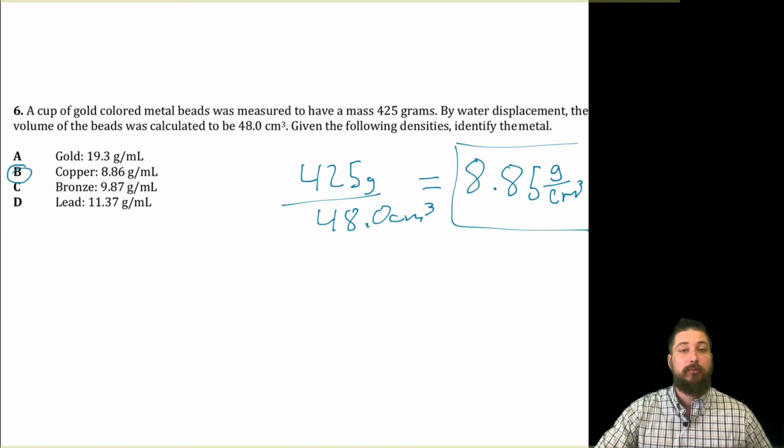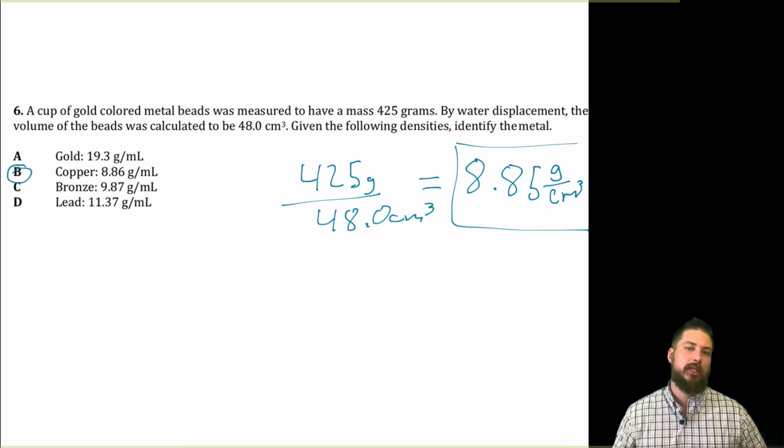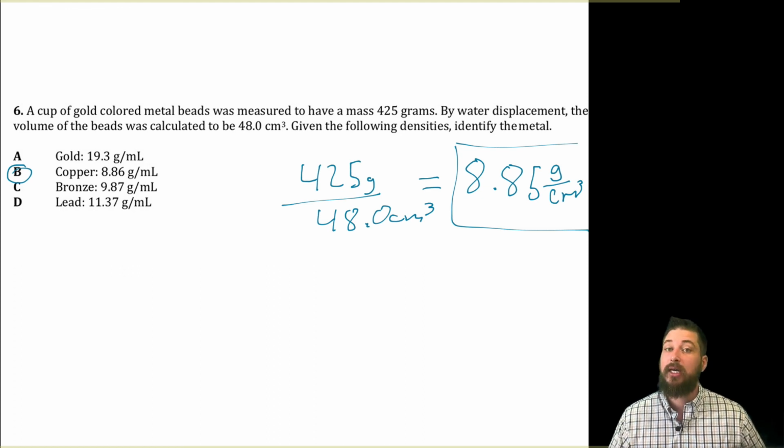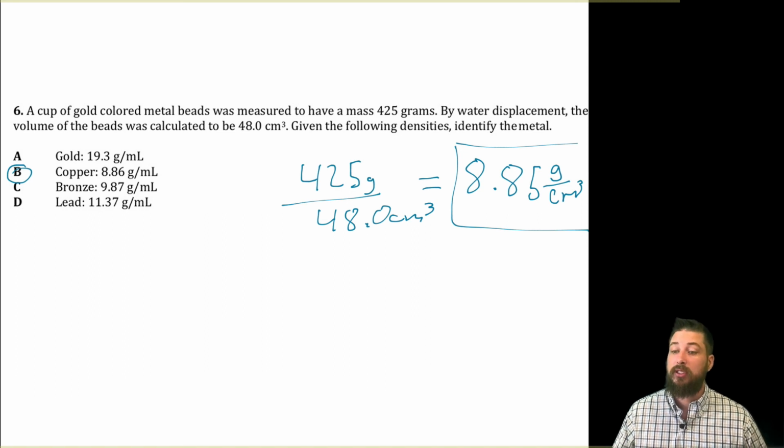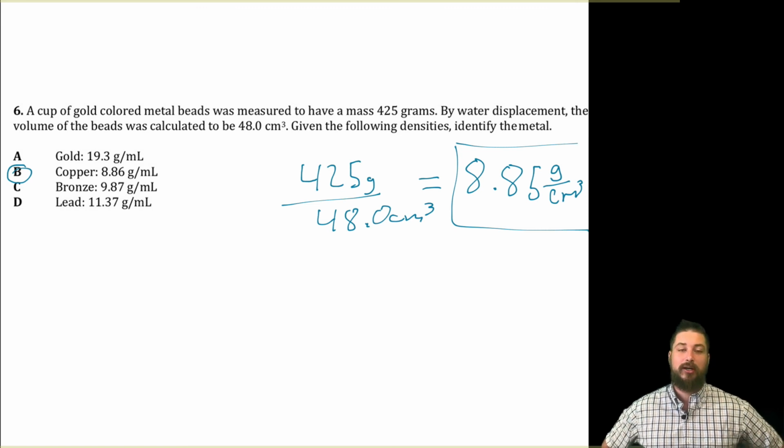But if we had a pure piece of copper, maybe there were some impurities in there that messed up the density of it. So those are just a couple of examples of how there's error involved in the things that we do, and how sometimes we need to see the one that's going to make the most sense. And what makes the most sense in this situation is copper.